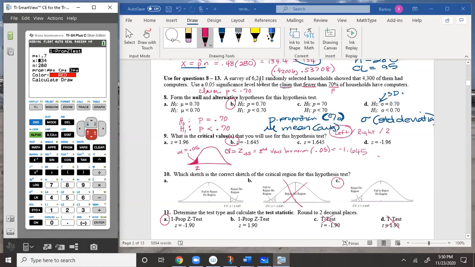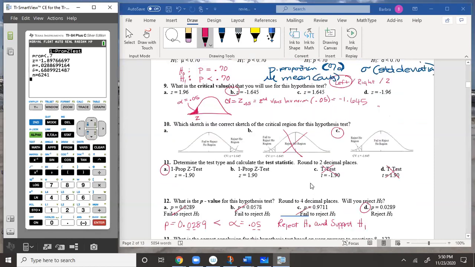X is 4,300. N is 6,241. And this is a left-tailed or less than test. So we scroll over to less than, hit enter, and then we calculate and we get the data here.